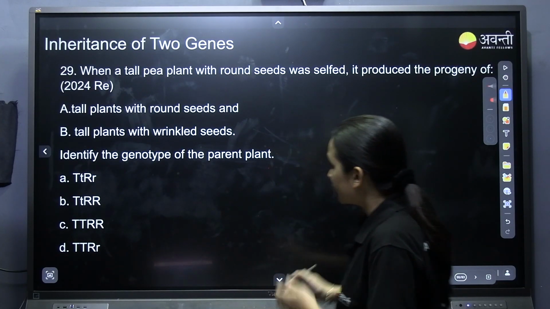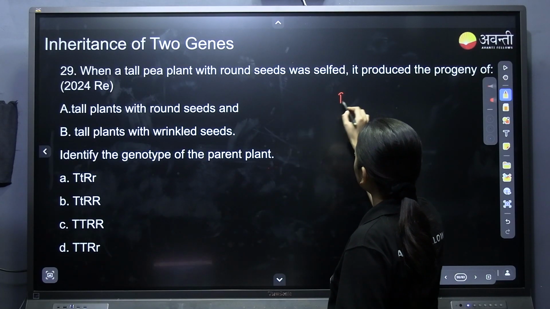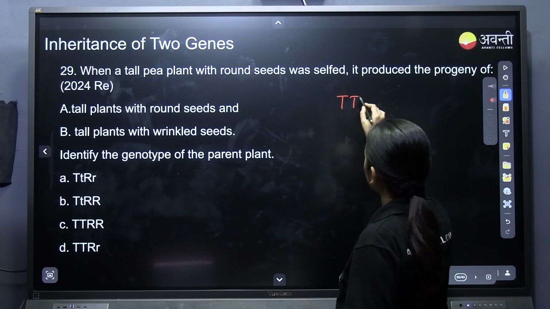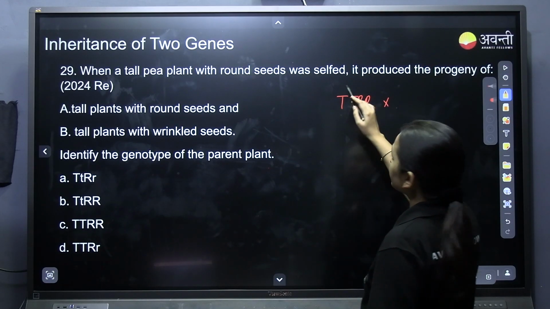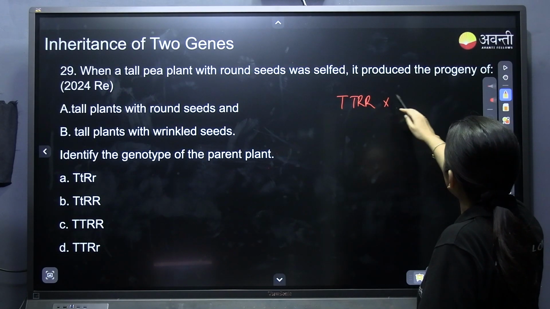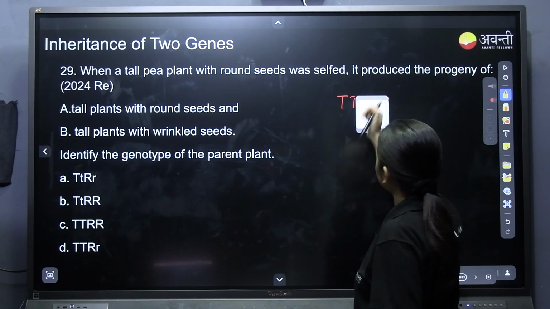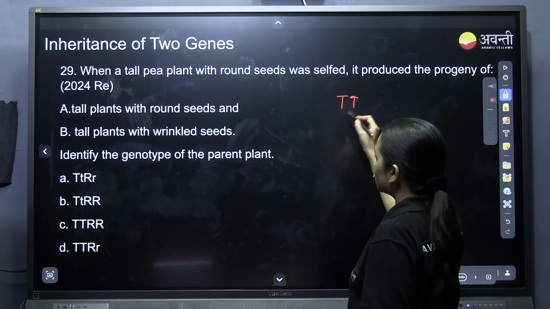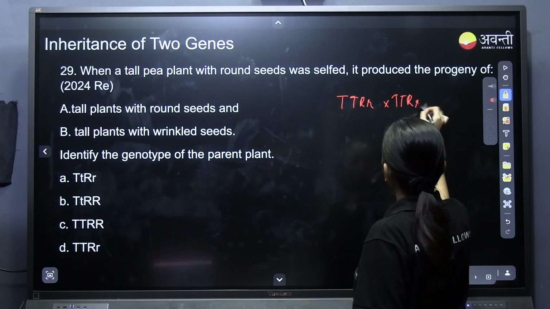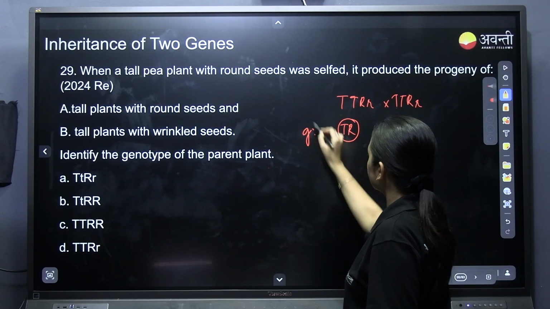Yes, we need to solve this. We got only the tall pea plant with round seeds, tall. Was selfed. It produced the progeny of the round seeds and the tall pea plant with the wrinkled seed. So both tall will be there, so we are taking two alleles of tall. So here the gametes are, this is the parent.